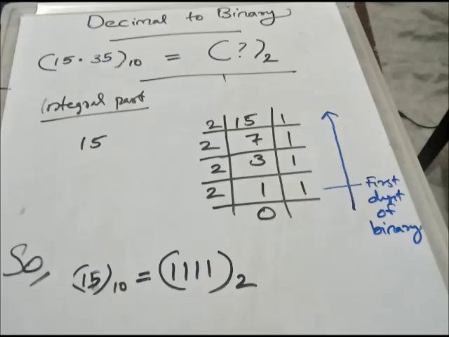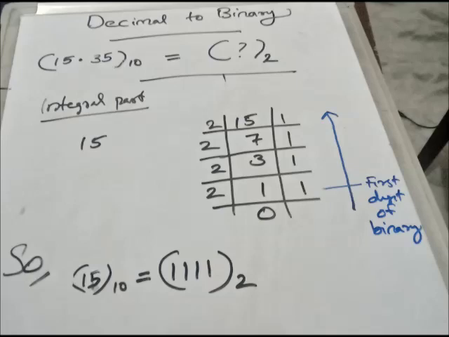So we divide 15 by 2, and we get 7 with remainder 1. 7 divided by 2 again gives the answer 3 and remainder 1. Again you divide 3 with 2, it is 1 time and the remainder is 1.